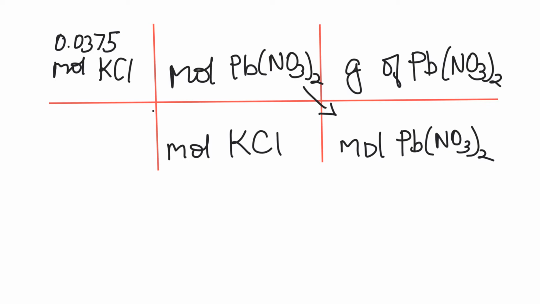So at this point, I've set up my chart. For a mole to mole conversion, which is this right here, you are going to have to refer to the balanced equation and get the coefficient for both of these chemicals.